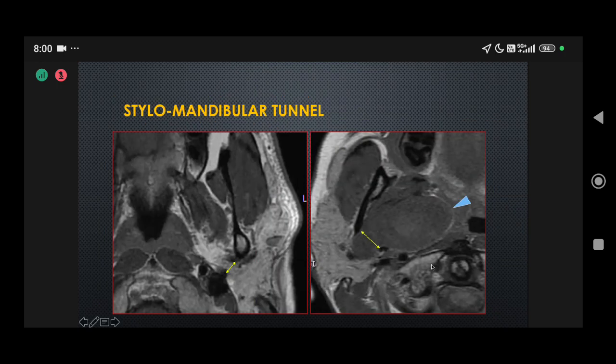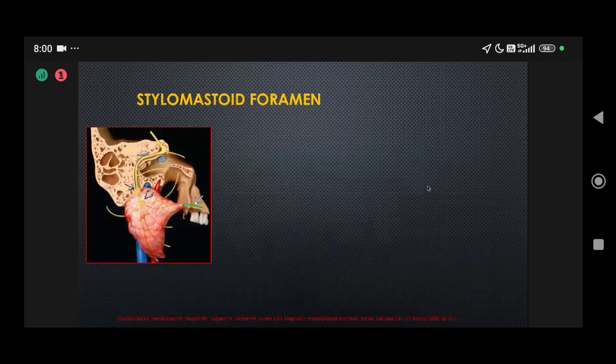Then, as I said, the stylomandibular tunnel is again an important landmark. Always see this stylomandibular tunnel, which is posterior to the ramus of the mandible and the styloid process. Whenever you see any lesion which causes widening of this tunnel, and you can see medial displacement of the fat plane, then your lesion is arising from the deep lobe of the parotid gland.